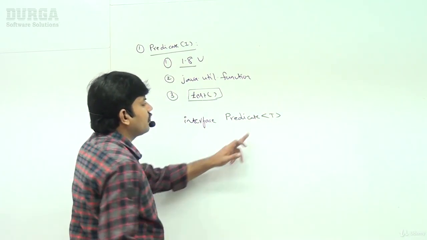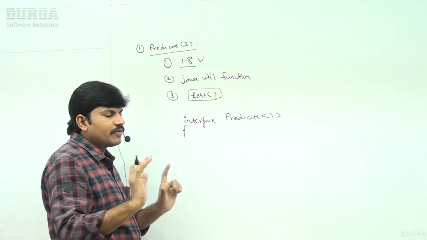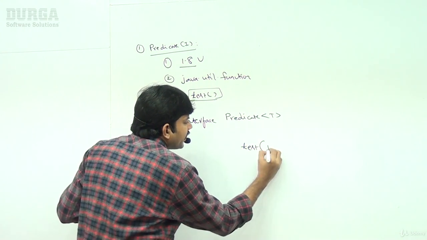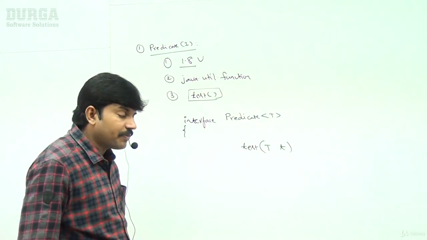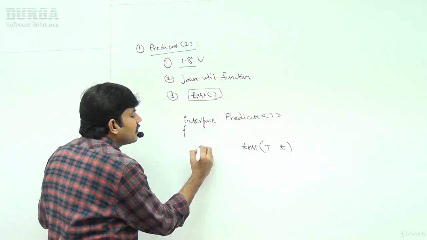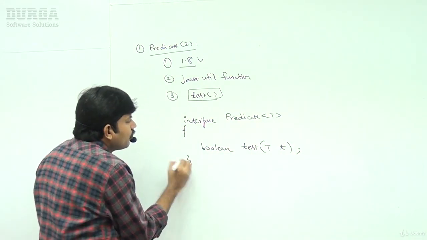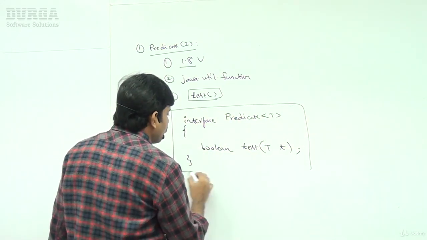Predicate, which is going to take some type parameter. It contains only one method. What is that method, sir? Test is the method which can take a T type as argument and return a boolean value. Remember this one: and return a boolean value. So this is the complete prototype of Predicate, sir.